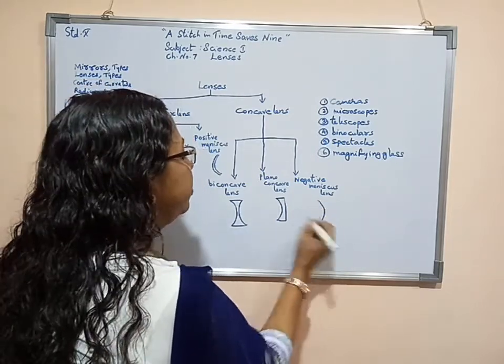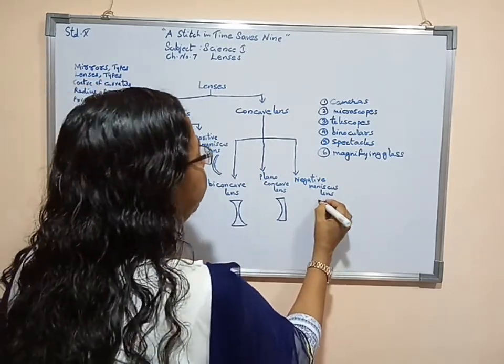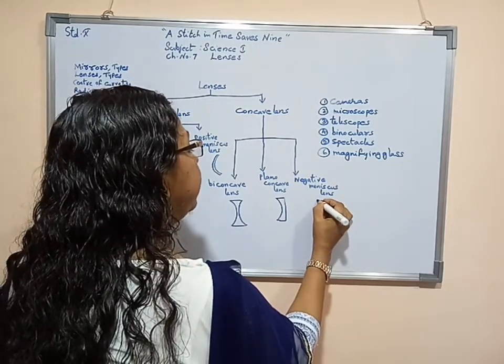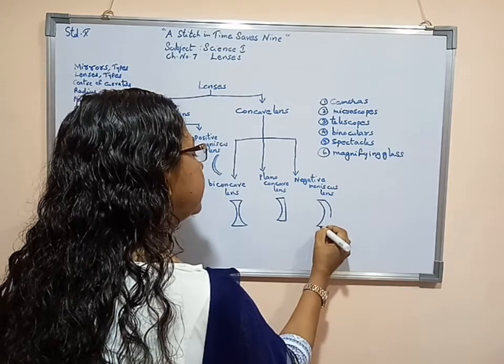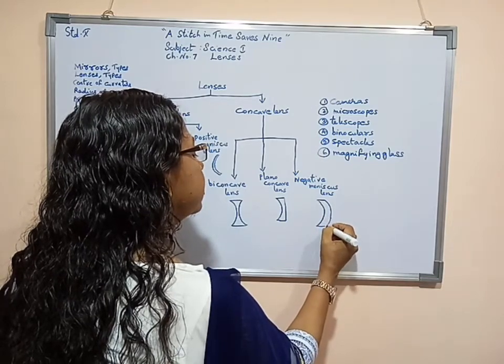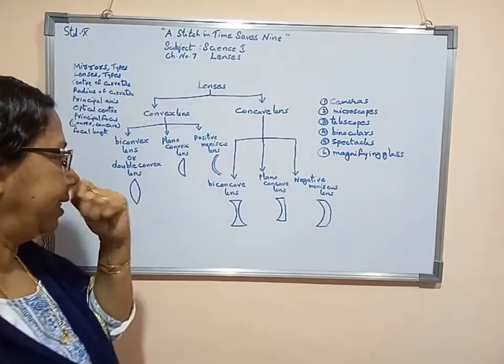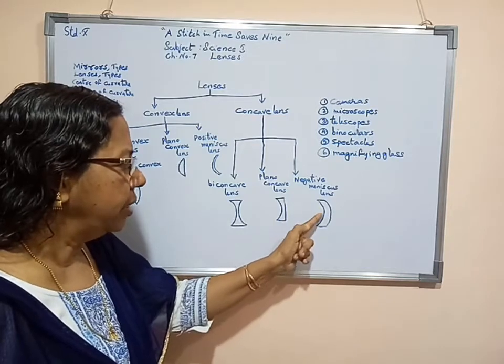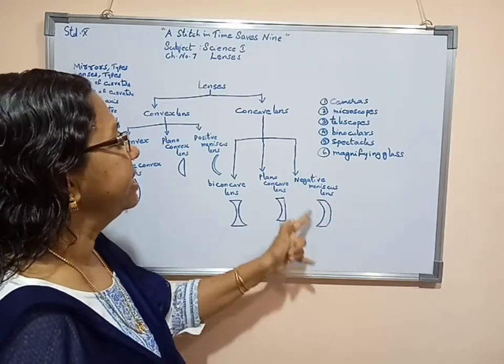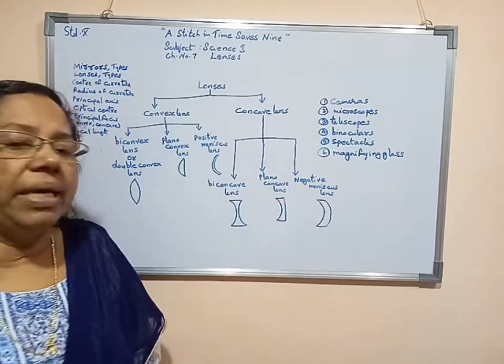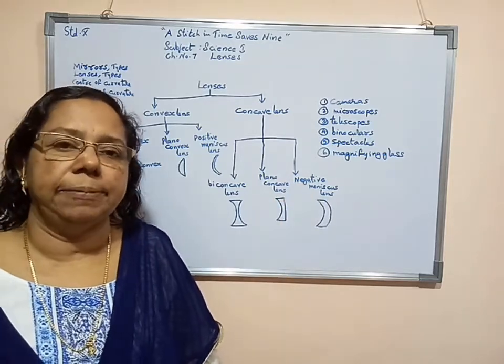Here one surface will be concave, at the same time the other surface will be convex. One surface will be concave, the other surface will be convex. Such a lens is known as negative meniscus lens.